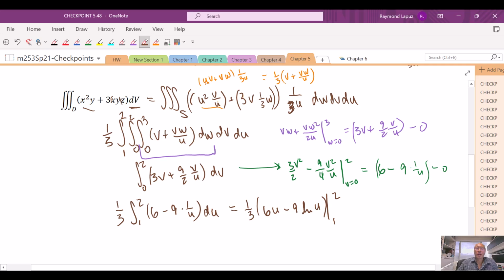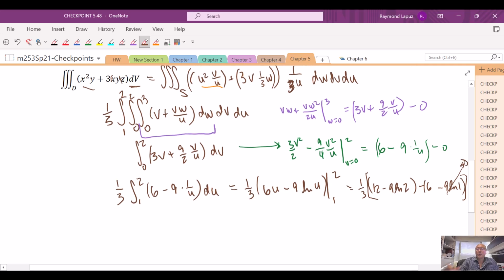Okay, so we will get a 1/3, and then this is going to be 12 minus 9 ln 2, and then minus 6 minus 9 ln of 1, but ln of 1 is equal to 0, so that's going to go away.